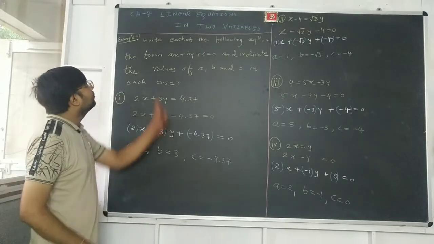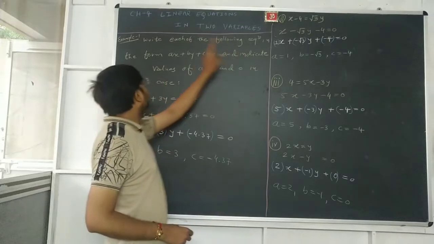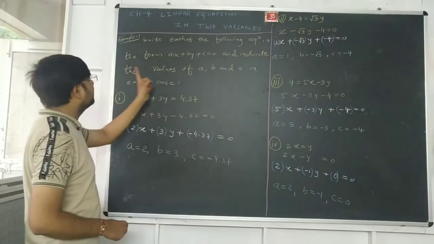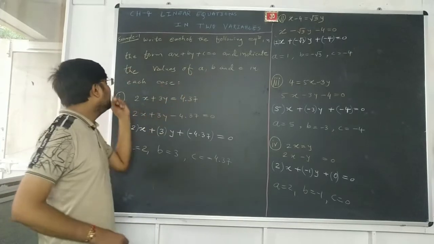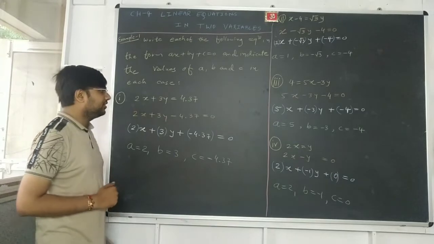Get it? First example, I repeat again. Write each of the following equations in the form ax plus by plus c is equal to 0, and indicate the values of a, b, and c in each case. 2x plus 3y is equal to 4.37.